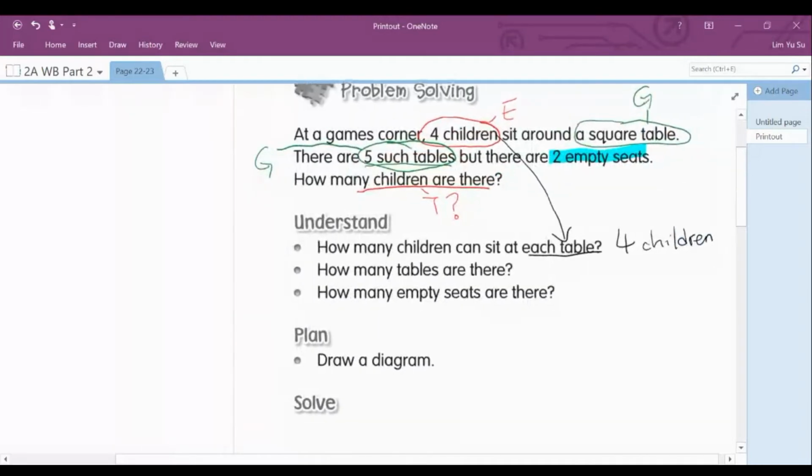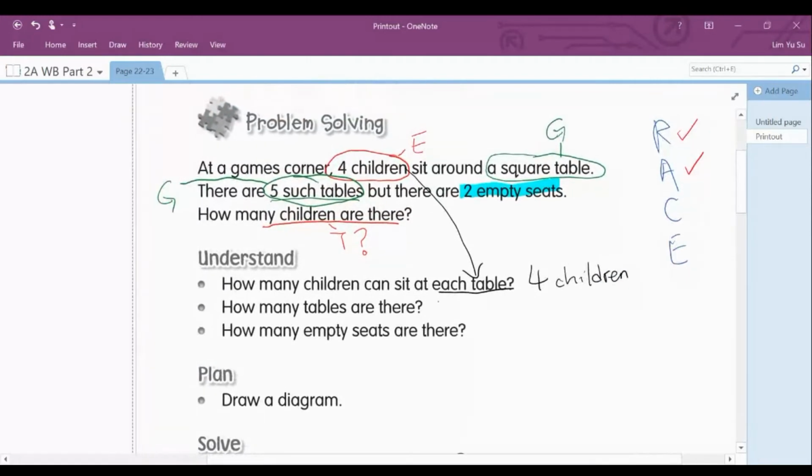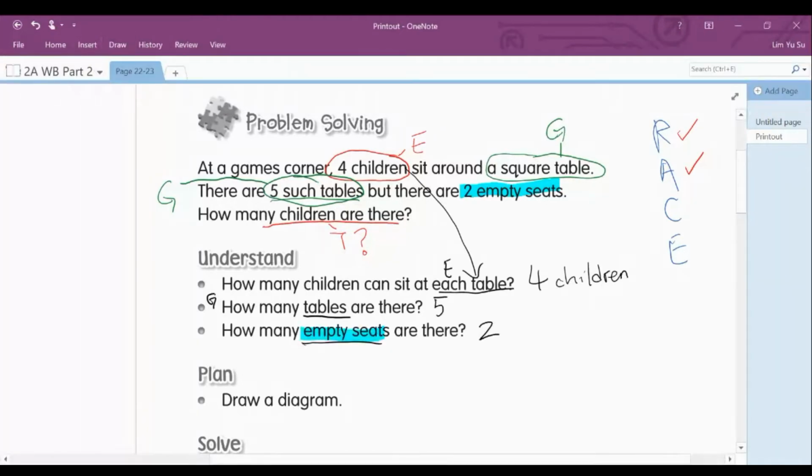Now, how many tables are there? There are 5 such tables. This is talking about the group part, and it's talking about each. How many empty seats are there? This is the one that's referring to the blue part that we're talking about. So there are 2 empty seats.